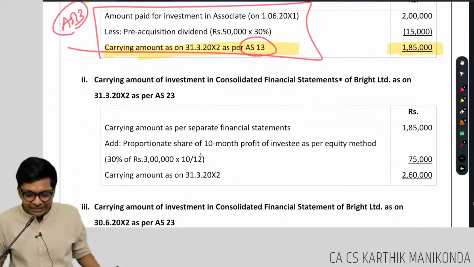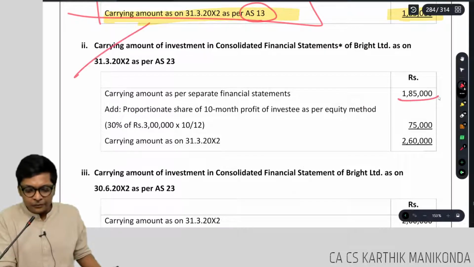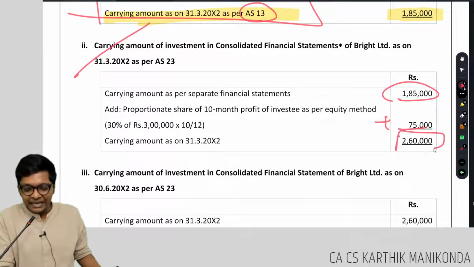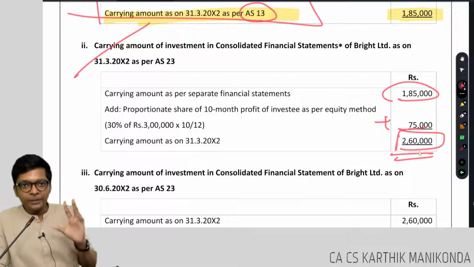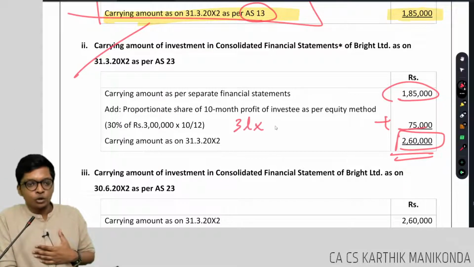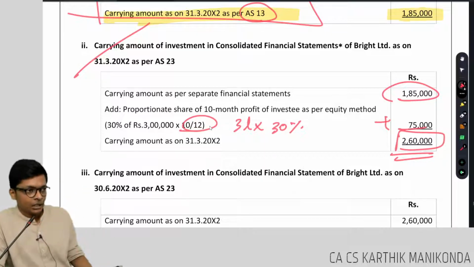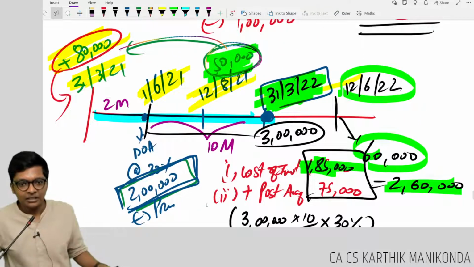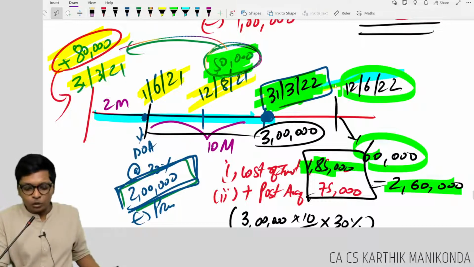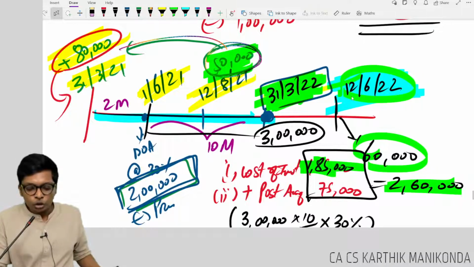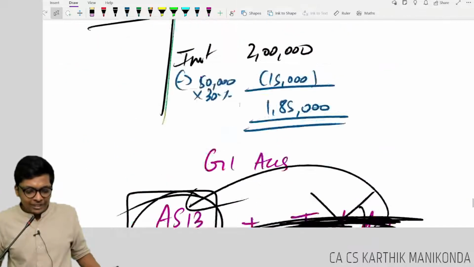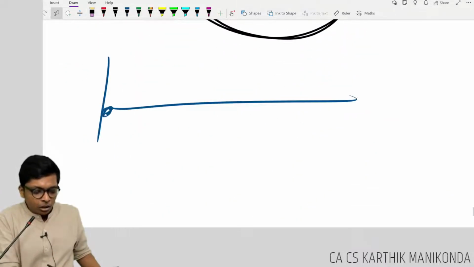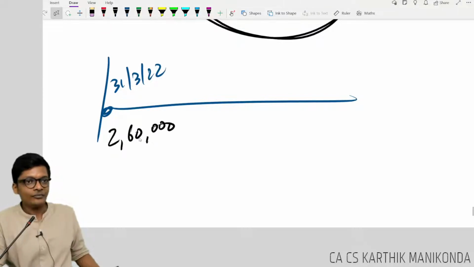Let me show you exam presentation. Look at this. Start off with 1,85,000. Add 75. Answer is 2,60,000. Common mistake here. Everybody will do 3 lakh into 30%. You will forget this 10 by 12. Are you following guys? Now next question, third question. They are asking you value of investment on 12th June 2022. Already on 31st March 22, just now we found the value as 2,60,000.